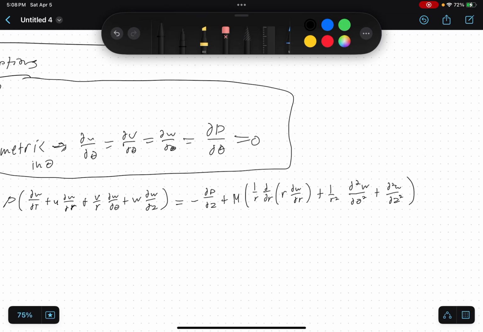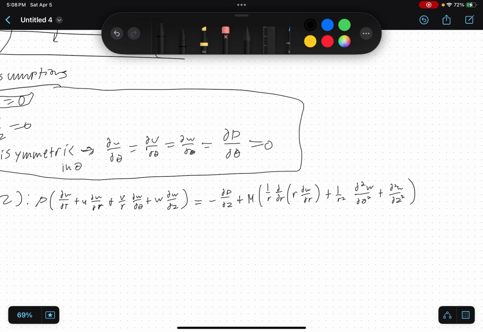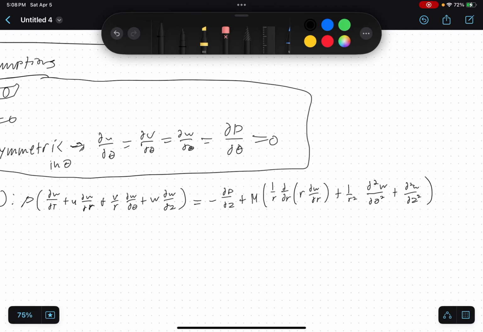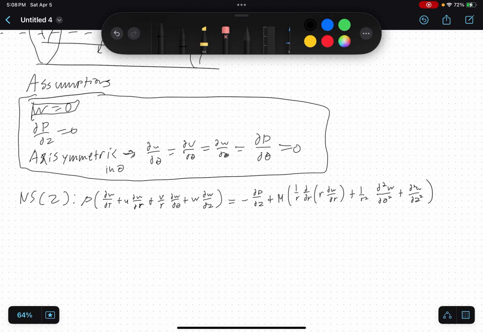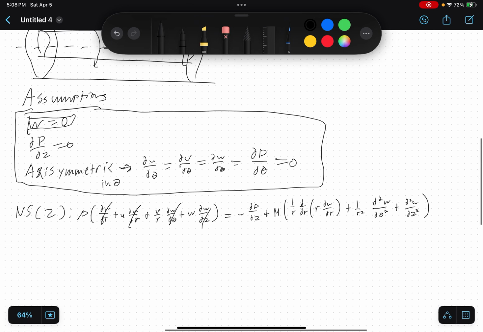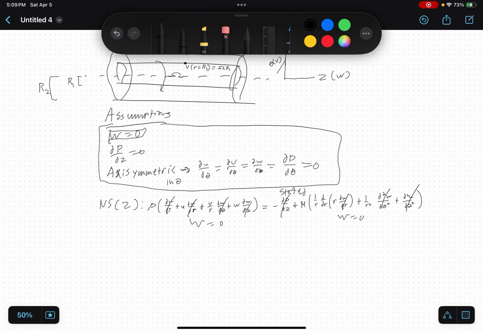There you go. It's freaking ugly, and it is the least ugly of the three, which is wild to say. But in this case, there's almost no point in me doing it because w equals 0, and it was stated. So all the derivatives of it are 0, so all of it cancels out and it goes away. Same thing.